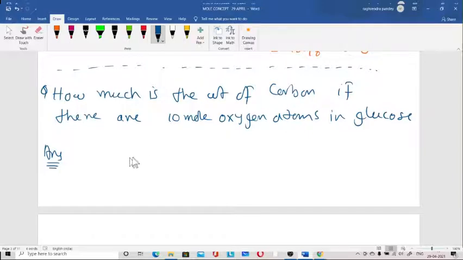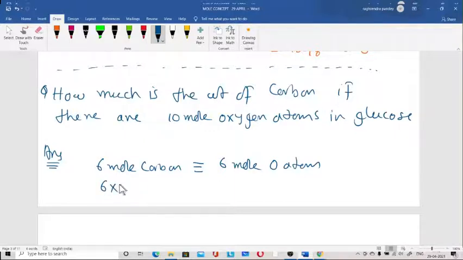So I told you in the glucose there is 6 mole carbon, which is equivalent to 6 mole of oxygen atom. Okay, and 6 mole carbon is how much? Its weight is 6 into 12, that is your 72 grams.